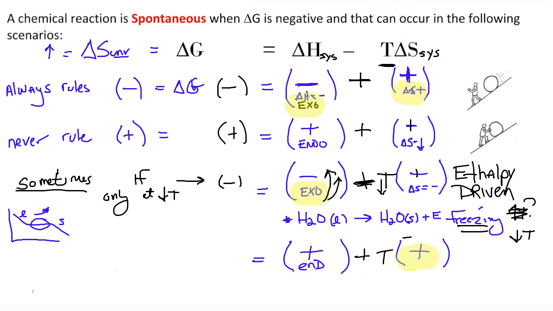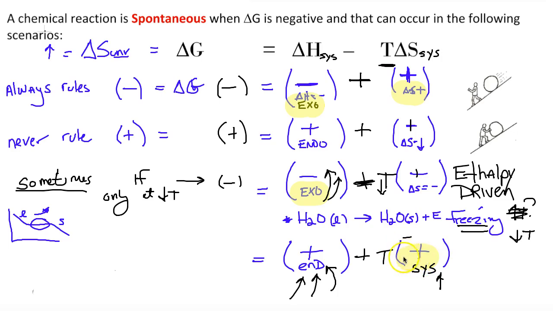So the only way that this can work sometimes is if the system's entropy increases enough, becomes disordered enough, with higher degrees of motion in the system, to overcome the energy that the surroundings lose. So this is bad, this is good, but this has to be big enough.